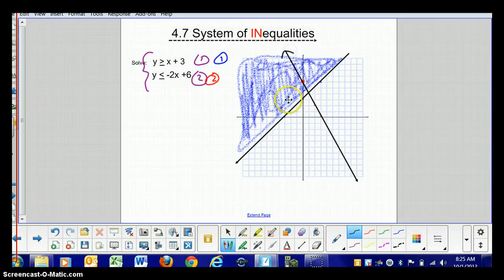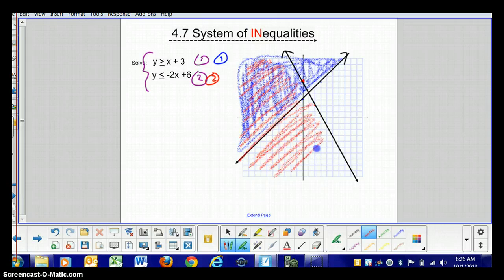There's the arrow, there's the arrow. I need to shade the less than or equal to negative 2x plus 6, so here's a red crayon. Let me shade all of that. So everywhere in red is the solution to the inequality less than or equal to negative 2x plus 6.